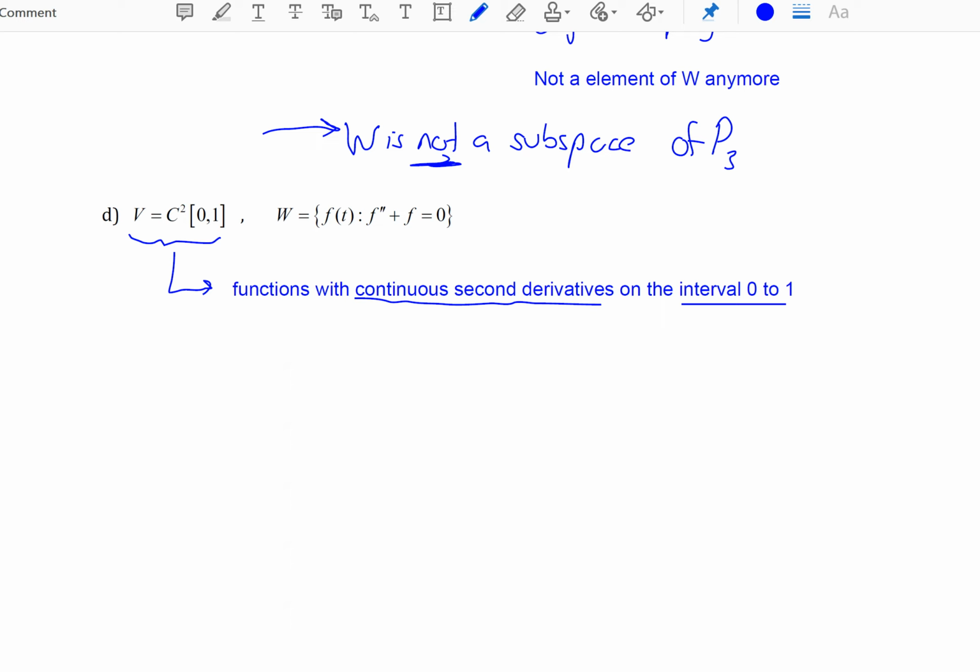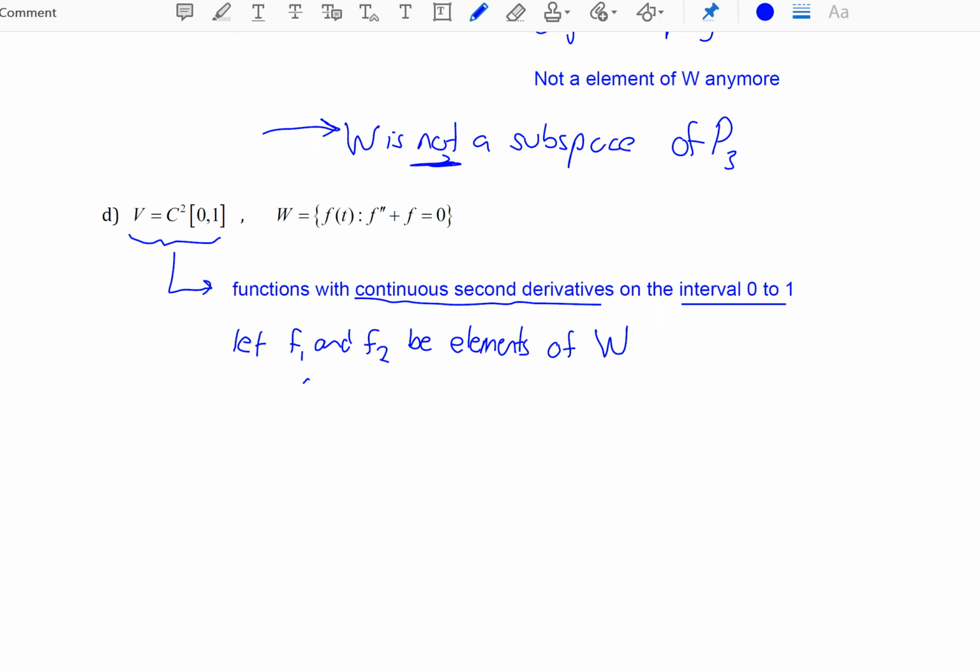So let's just represent these. Let f1 and f2 be elements of W. Meaning they satisfy this.